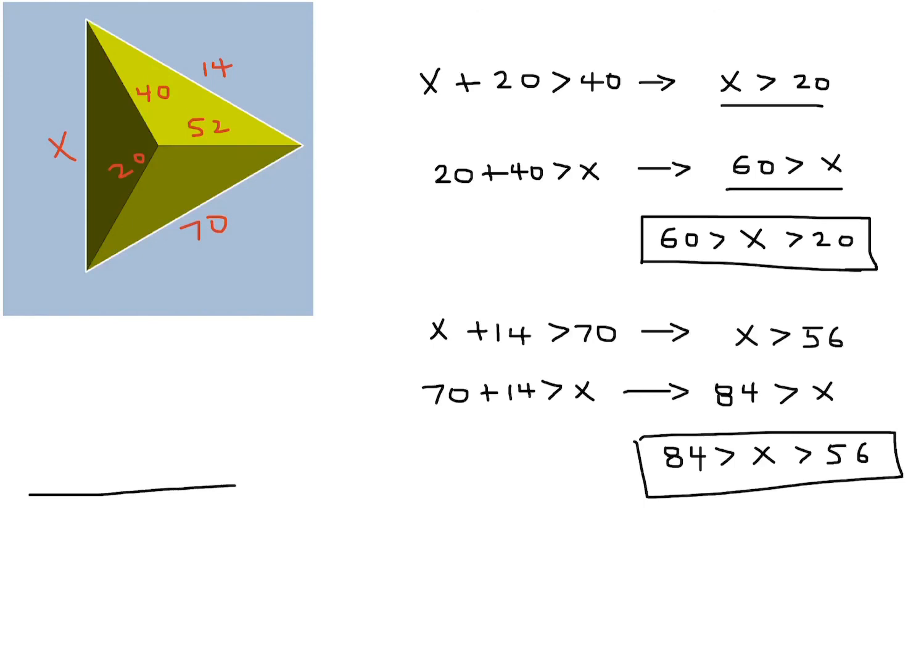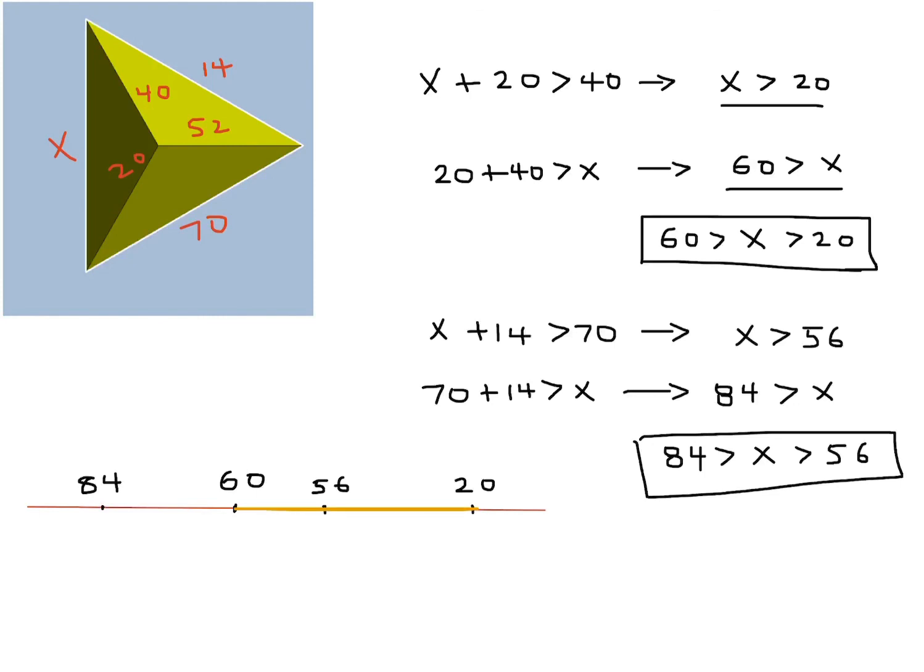So very similarly, I put them on a number line, and let's start labeling our number line. Our upper limit is 84, our lower limit is 20, and then we've got the numbers 56 and 60. All right, so let's look at this. From the first one, x is between 60 and 20, so it's this orange zone.